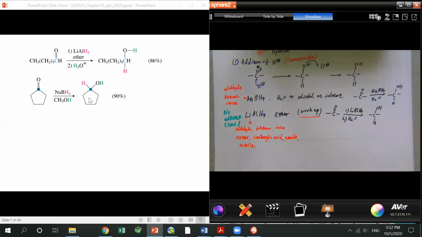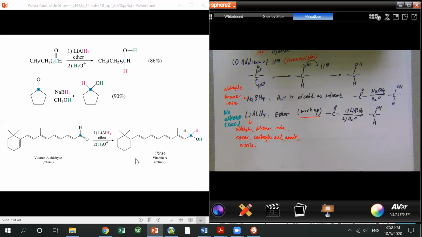This one is just one step, and you don't need to do any workup, because eventually the O minus picks up protons from the solvent. The last one still uses lithium aluminum hydride and workup, to show you selective reduction. The lithium aluminum hydride only reduces the C=O bond and doesn't do anything to the C=C bond. That's the important thing.